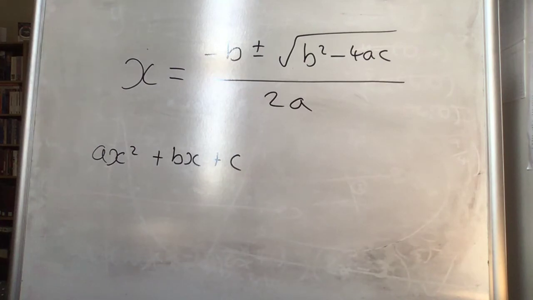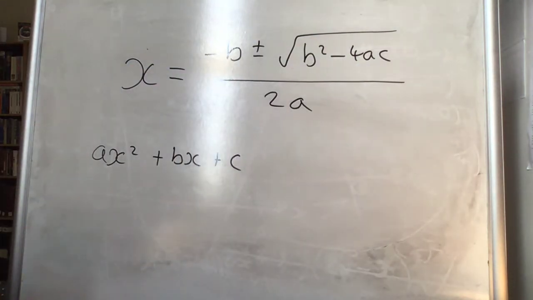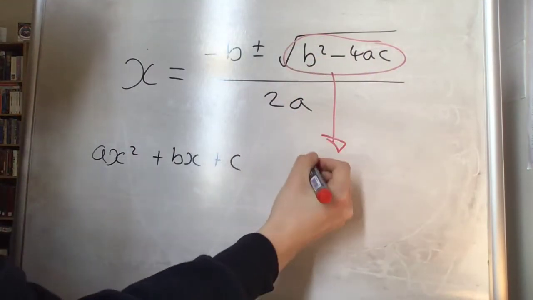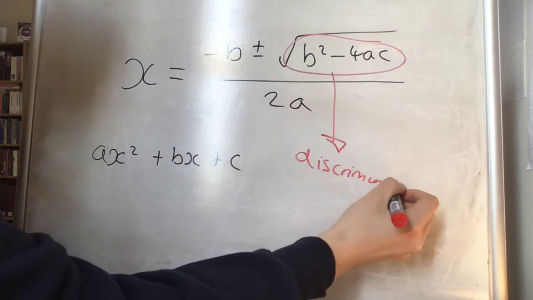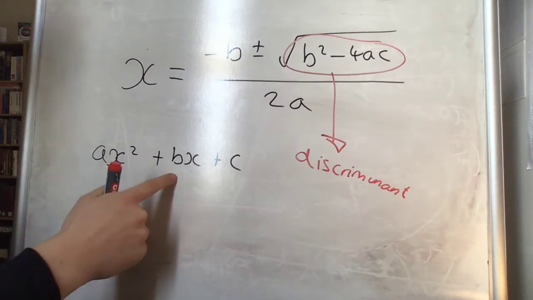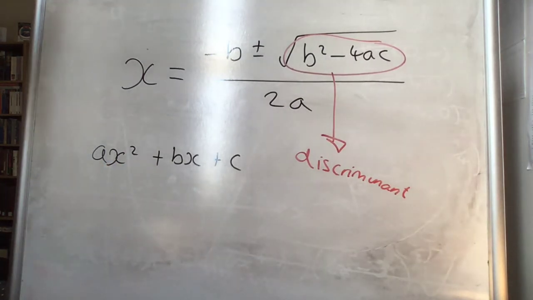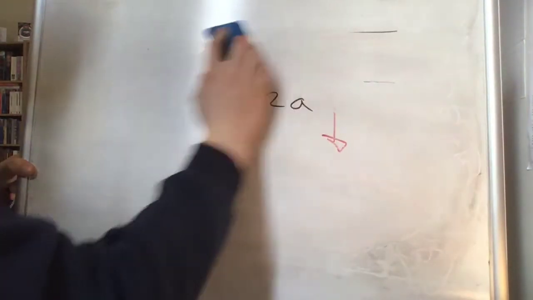So b squared minus 4ac in this example here, this is known as the discriminant. Obviously we don't actually have to write it all out like this to get our discriminant. We can just say b squared minus 4 times a times c, and that is our discriminant. So let's focus in on the discriminant.